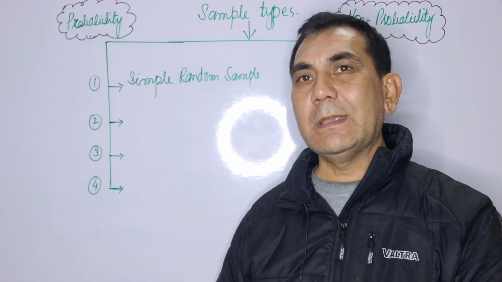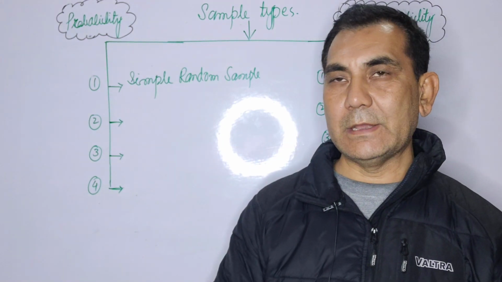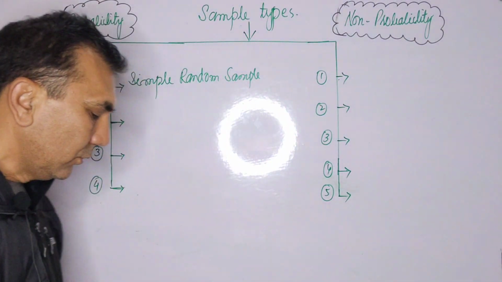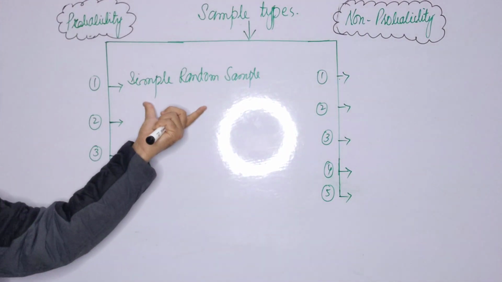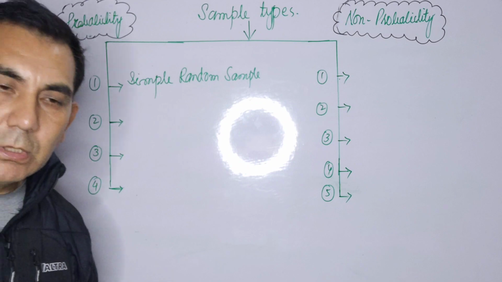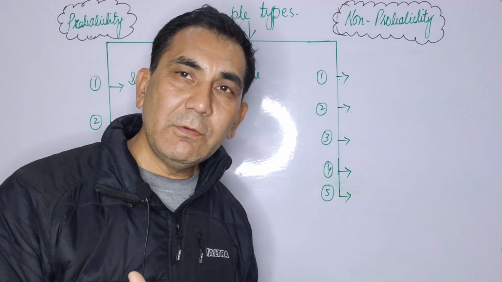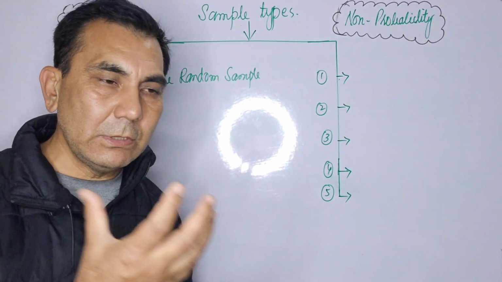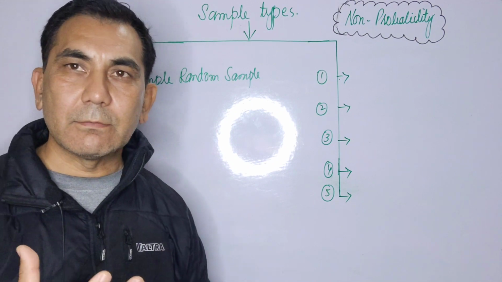So, what will you do? Definitely, you will select the 50 employees from the 100 randomly.